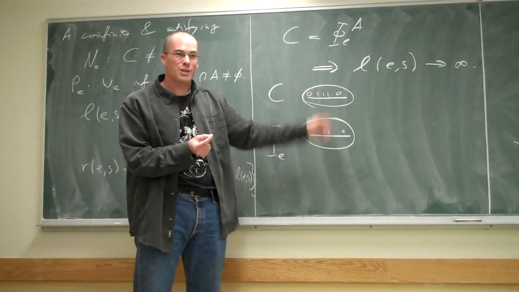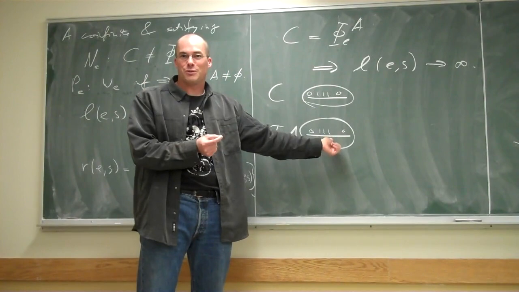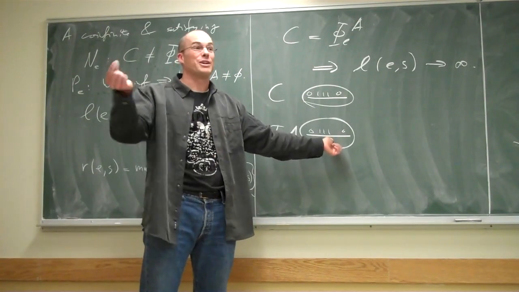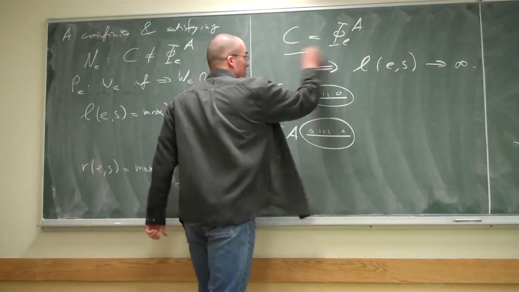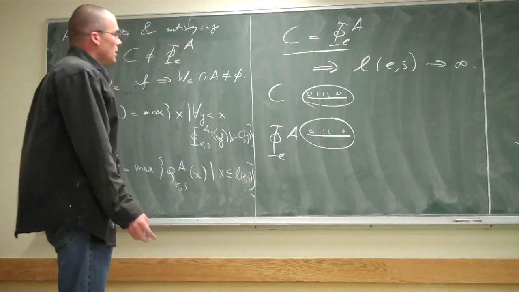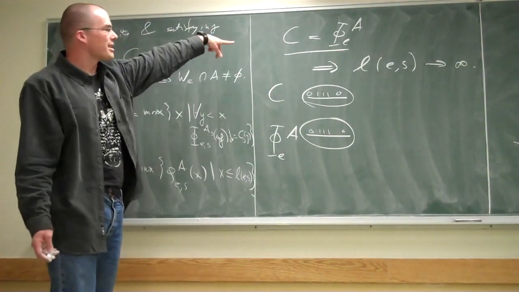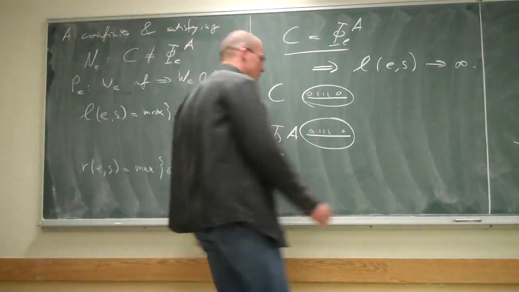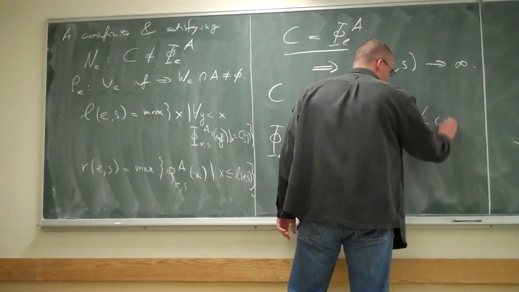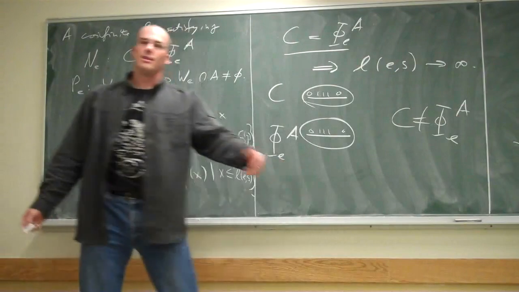And this value at x happens to be on both sides, and because you forever will preserve the value of x on the A side, that is the final value, so they are equal. Therefore, because C is not computable, we can conclude that C is not equal to phi E of A.